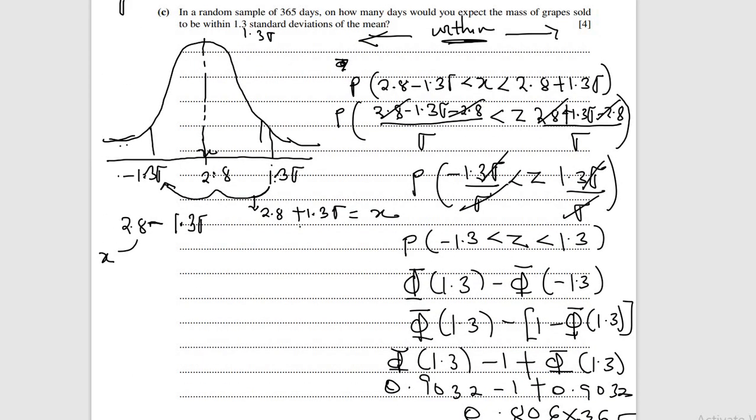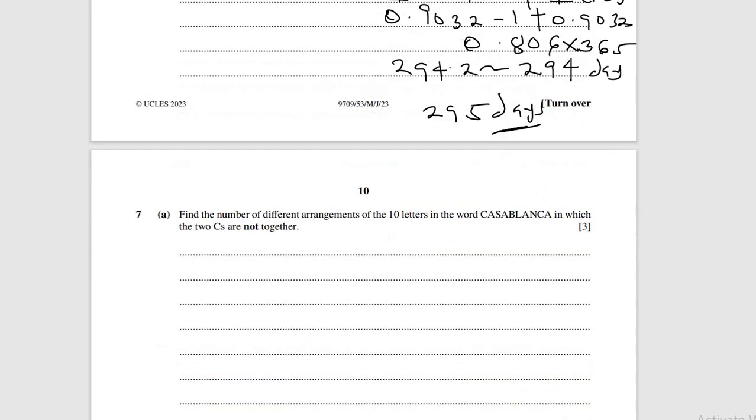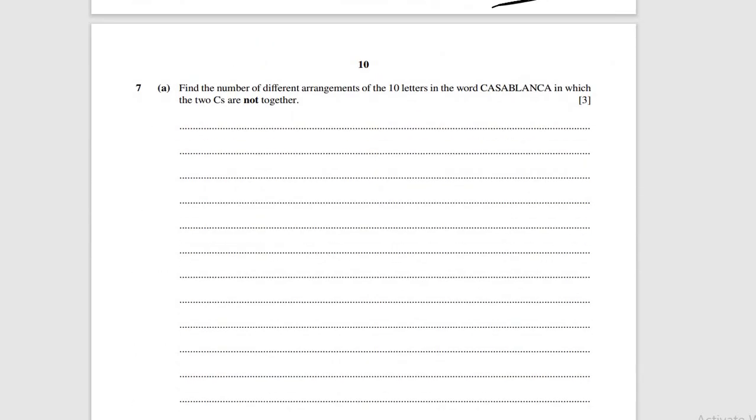Thanks. Let's move to the next one. Number 7, permutation. I think it's a permutation question. Find the number of different arrangements of the 10 letters in the word Casablanca in which the 2 C's are not together.